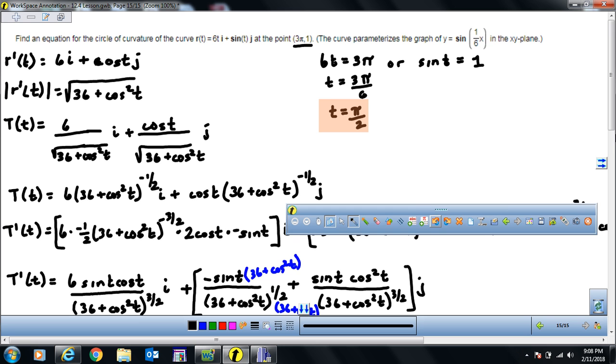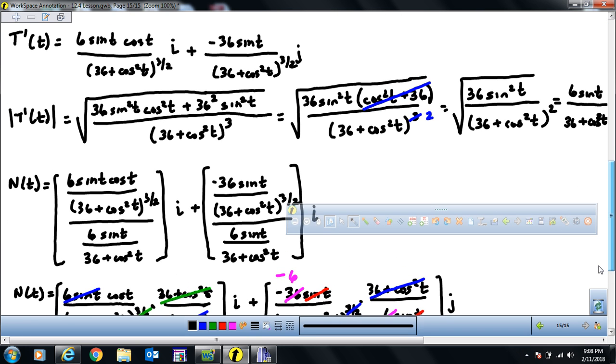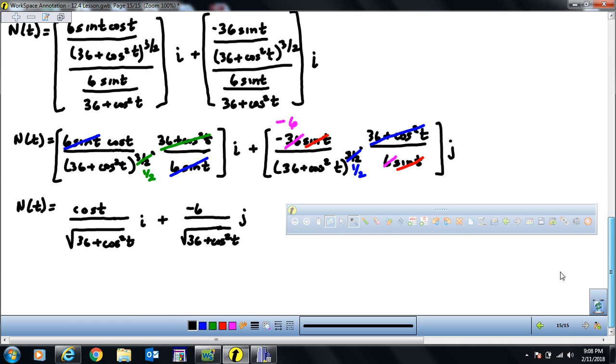Okay, so first of all, let's divide the magnitude of the derivative of the tangent vector, which is going to be 6 sine of t divided by 36 plus cosine square of t. So the curvature is the magnitude of the derivative of the tangent vector divided by the magnitude of the derivative of the position vector.